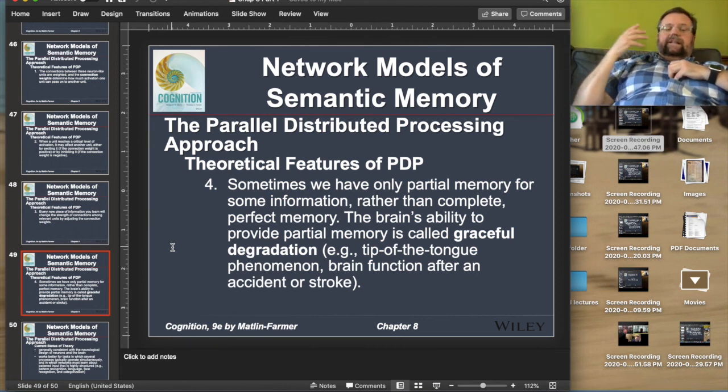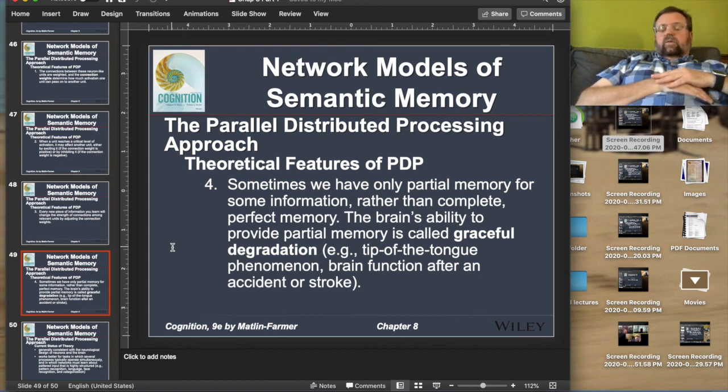It's those kinds of things, and that's the graceful degradation that occurs. It's the way in which memory fades, and the idea is that the networks instantiating the representations or memories that we have fade when things are not used over time. It begins to degrade, and we see those same sorts of things within PDP networks.